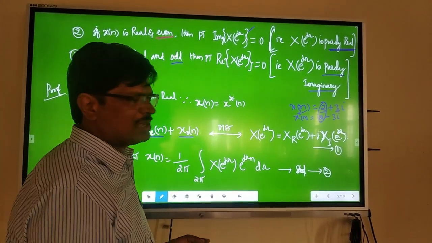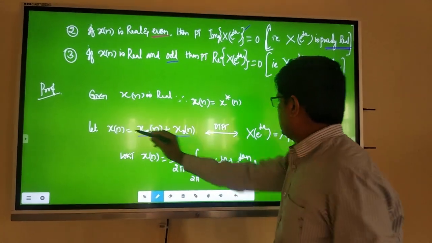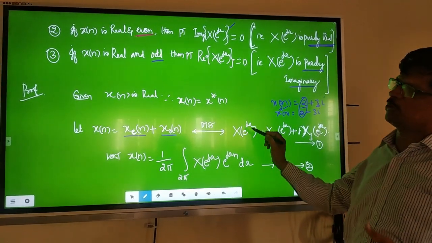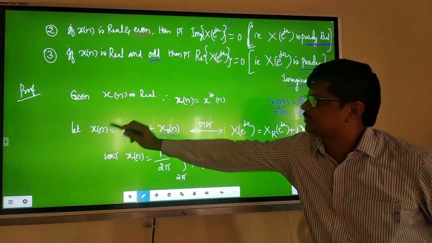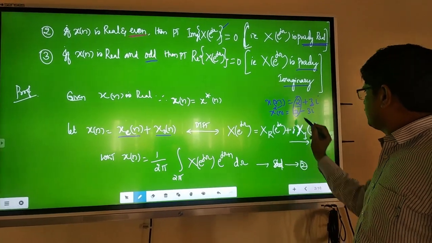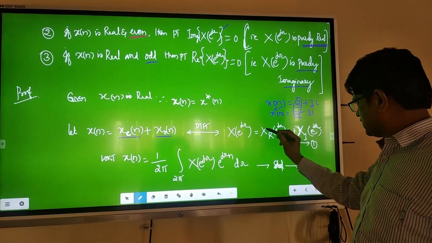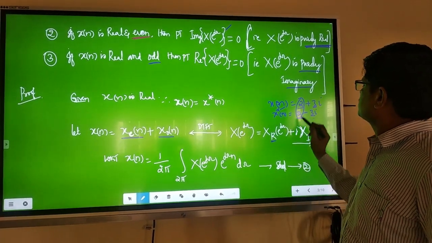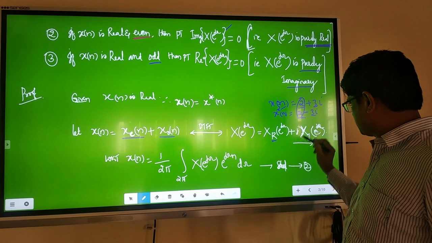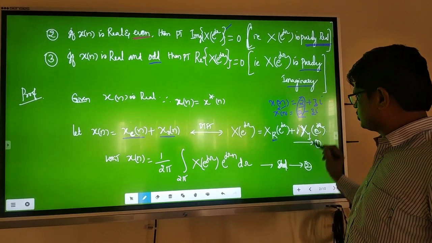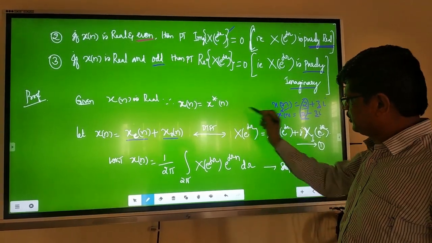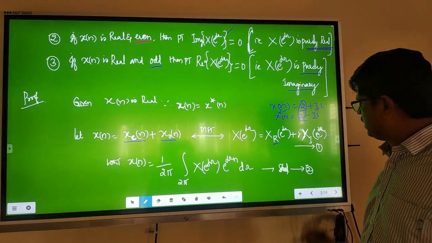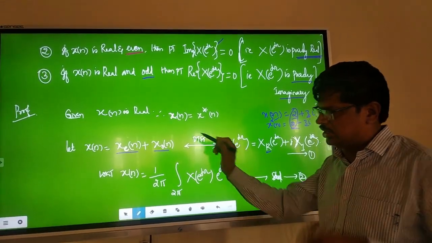Then the DTFT of this is X of e power j omega, which, when you expand in the frequency domain, has a real part and an imaginary part: XR of e power j omega plus j times XI of e power j omega. Call this equation number 1. In the frequency domain also, you have a real term plus an imaginary term.